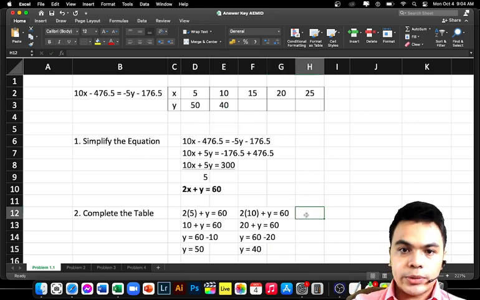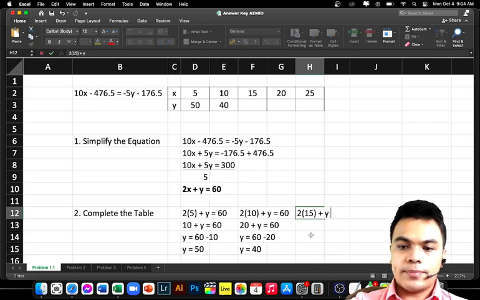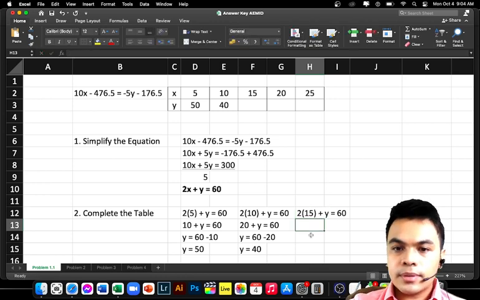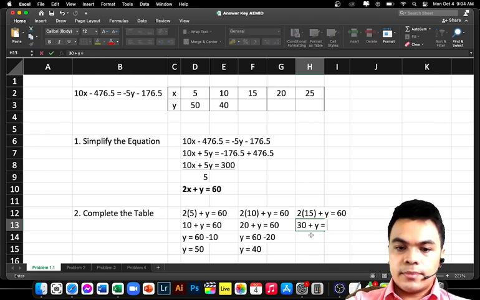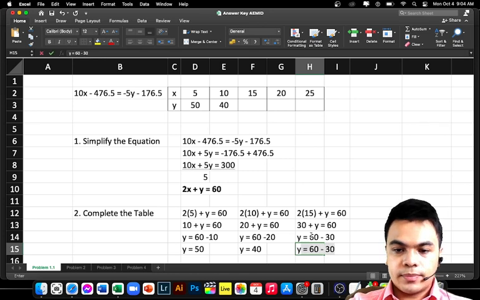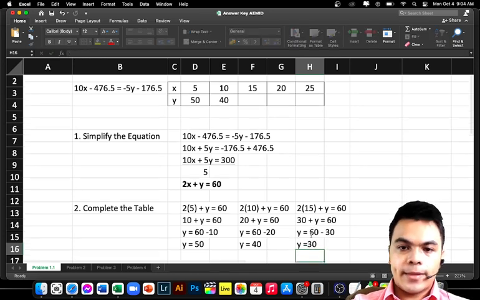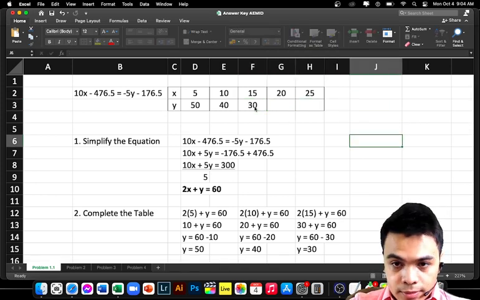And let's continue. 2 times 15 plus y is equal to 60. 2 times 15, that is 30. 60 transpose minus 30. Our third y is 30. Ayan. So let's put 30 here.